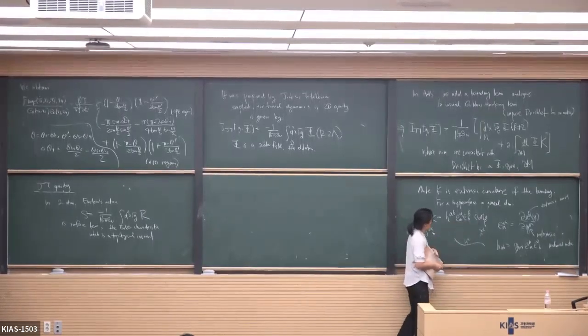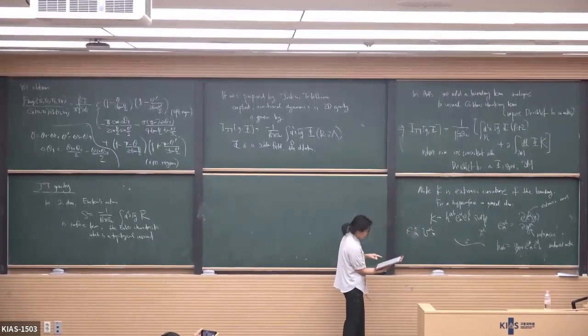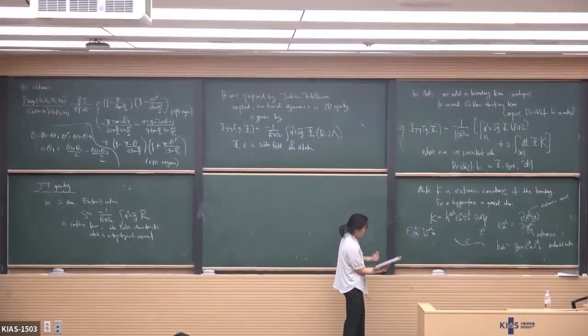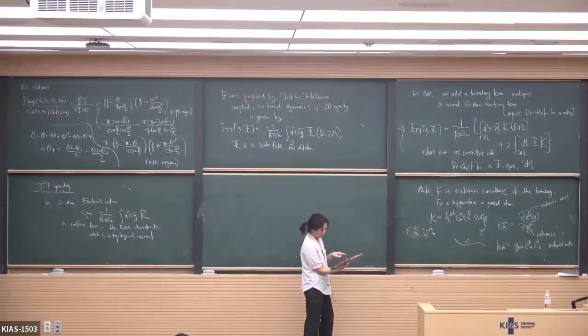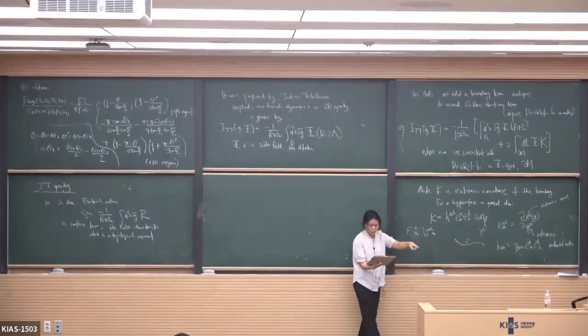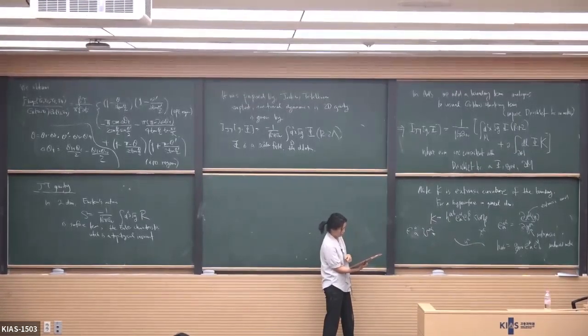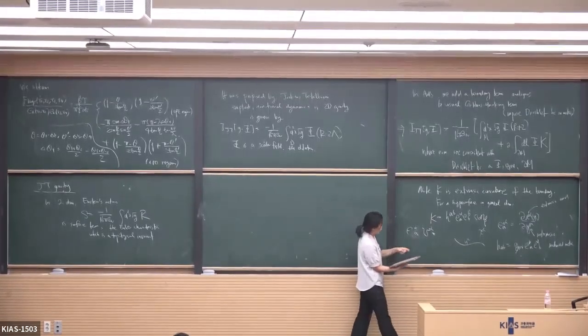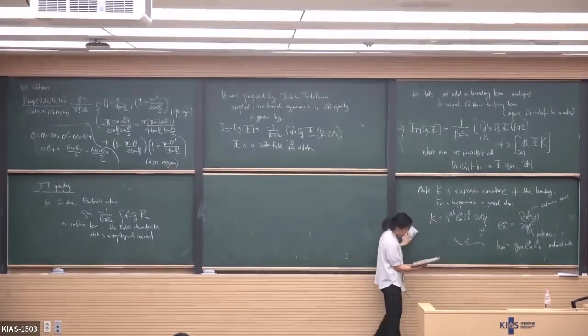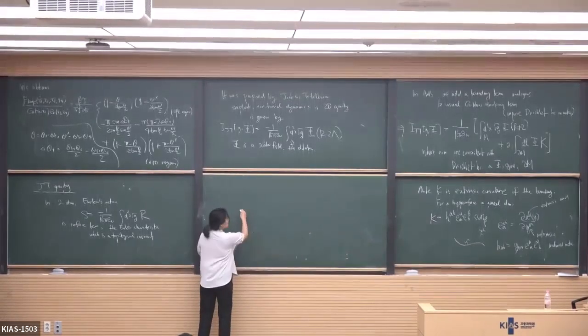So n is the normalized normal vector to the hypersurface. So in 2 dimensions, the boundary, this hypersurface, is actually a curve, right? It's one-dimensional, and you can actually compute this extrinsic curvature as follows.